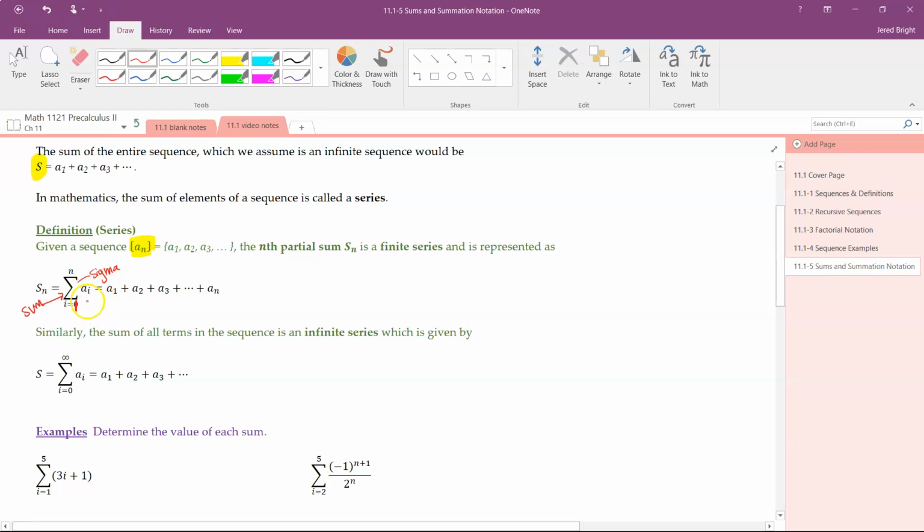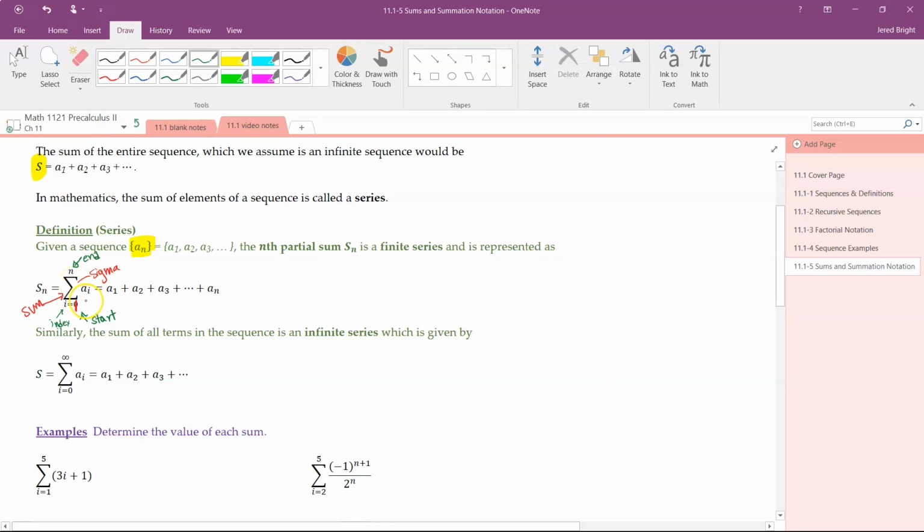But down here, there's some important information given to us. So i, we call the index, okay? And this is just kind of allowing us to iterate through the sequence. But then this is actually telling us start adding here. So start adding when i is equal to 1, and end adding when i, your index, gets to n.